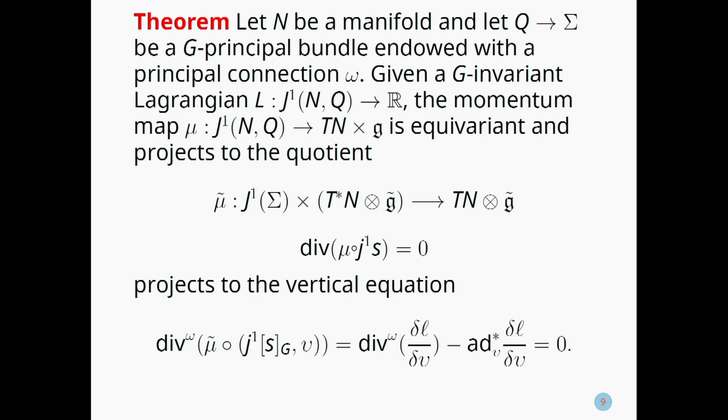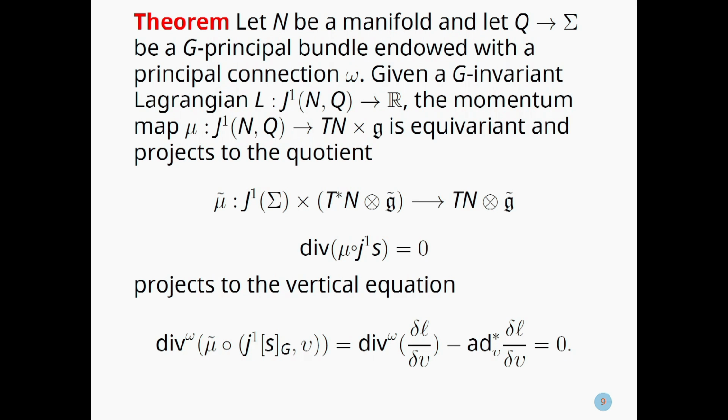So be careful, because this new reduced momentum map is a vector field taking values in a vector bundle. So it's not a standard vector field, it's not a nice object. For example, you cannot consider the divergence of a vector field taking values in a vector bundle. You need a connection, for example. So this object is more complicated, but it's reduced.